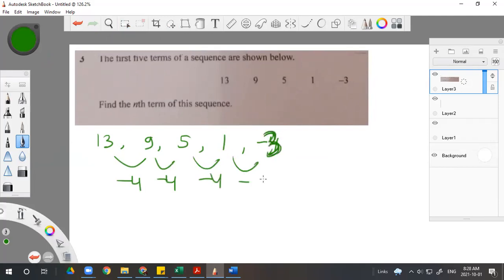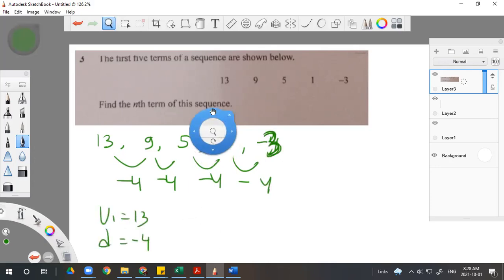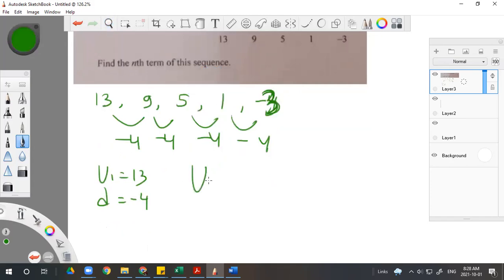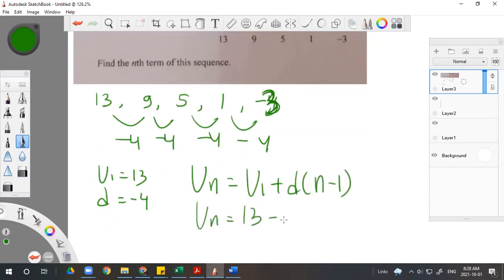Salah taruh. See, so the U1 equals 13, the difference equals negative 4, the UN equals formula. Okay. Right, plus minus 4 ya, minus 4 aja ya, nggak usah di plus minus 4 gitu. Ya boleh lah kalau mau. Kalau insecure boleh kayak gitu ya.